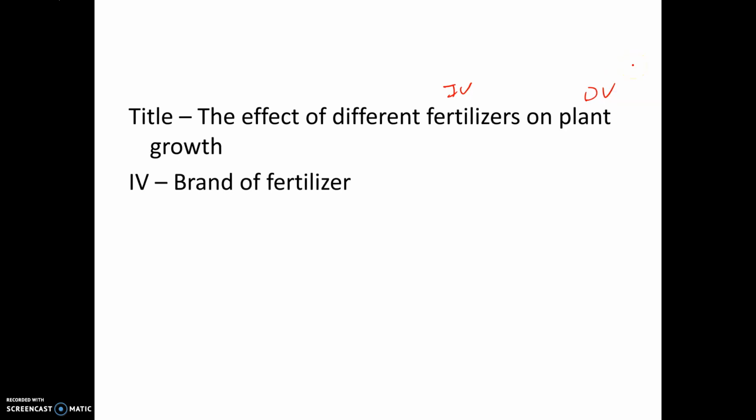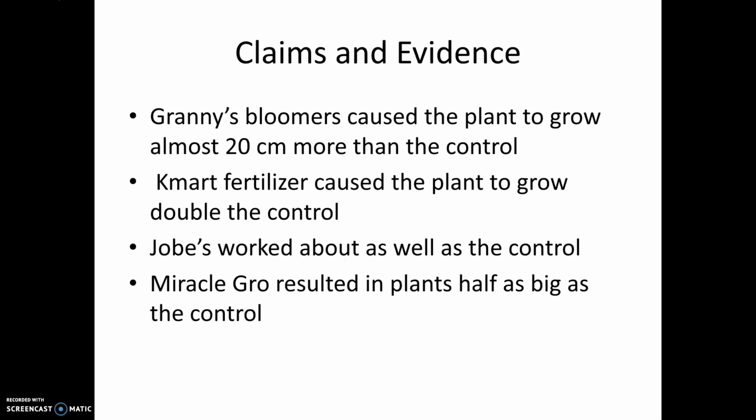So again, brands of fertilizer is the independent, and the dependent is plant growth. And there are quite a few claims that we can make here. So the first one is that the Granny Bloomers can cause plants to grow almost 20 centimeters more than the control. Kmart fertilizer caused plants to grow double of what the control was.